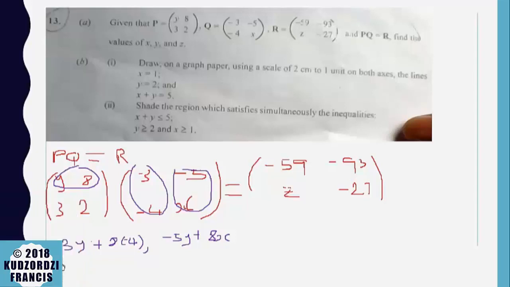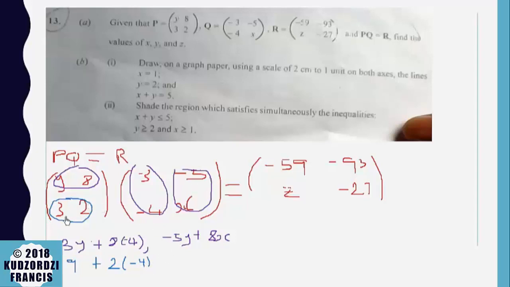Now we'll do the second row also, taking the column entries of the second matrix. We have -3 times 3 giving us -9, plus 2 times -4.